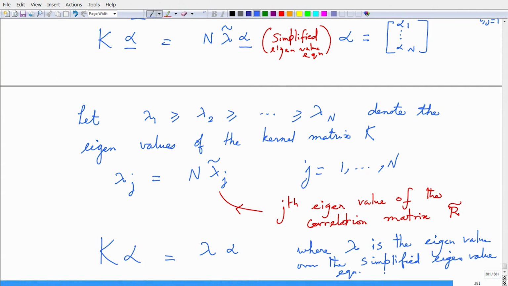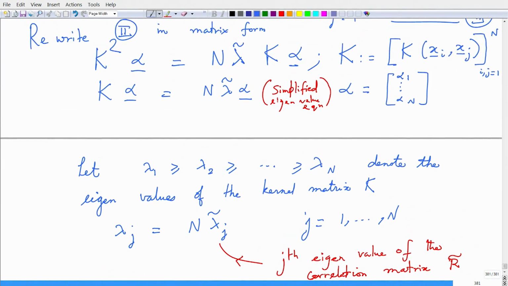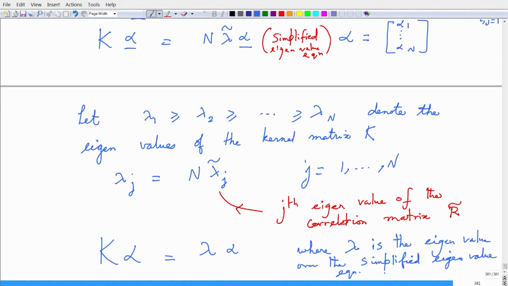What I did was the following. I just had K square alpha equals N lambda tilde times K alpha. So, I define lambda j to be N times lambda j tilde, and then I plug this in. I have a more simplified way in which I can represent it.